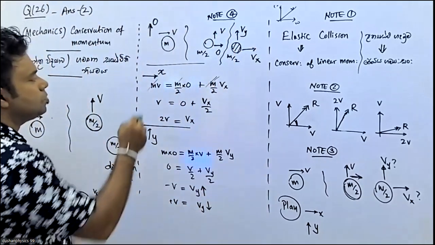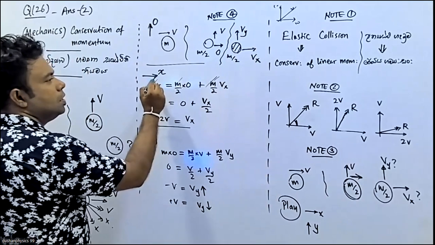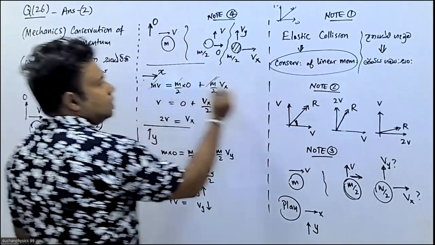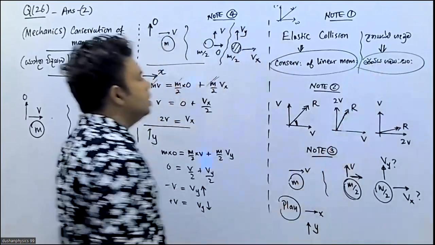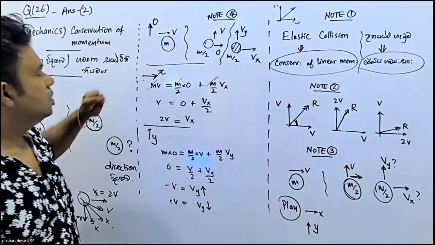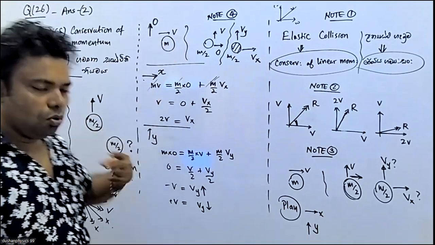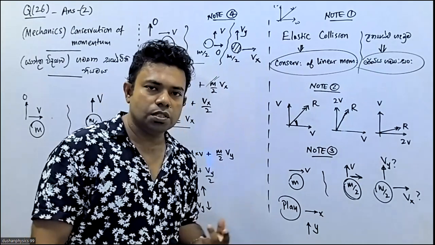So I am going to write conservation of linear momentum, first in the x direction. Momentum is always mass into velocity.